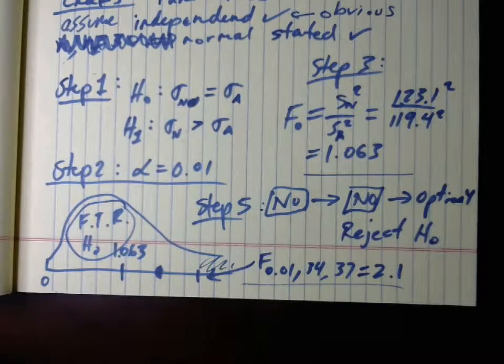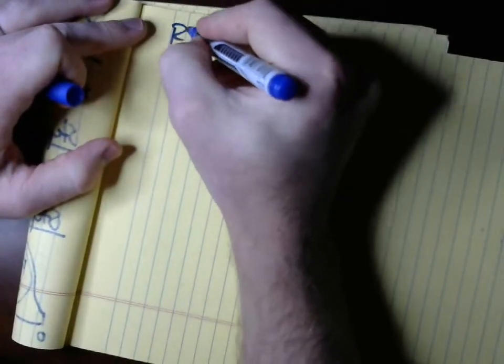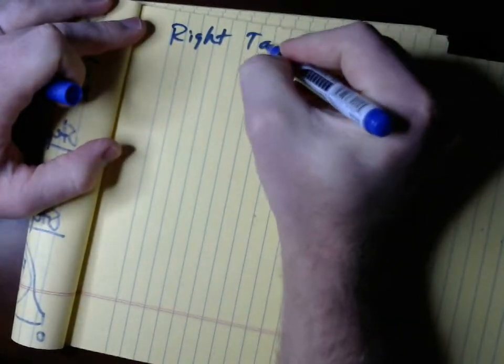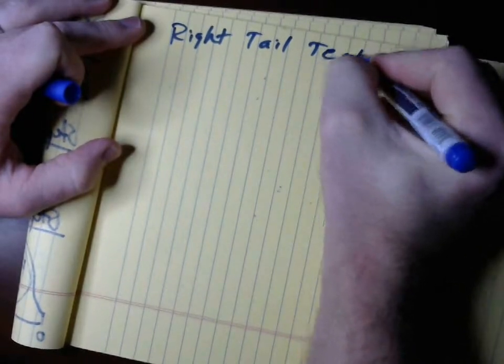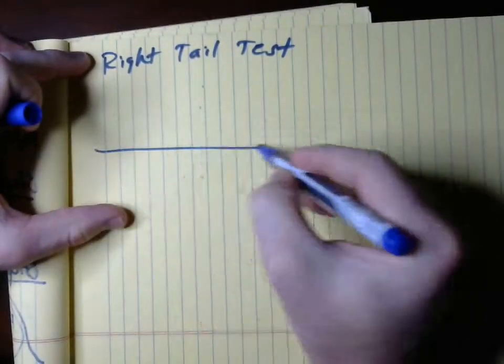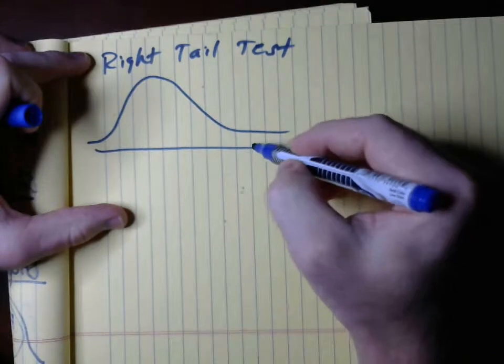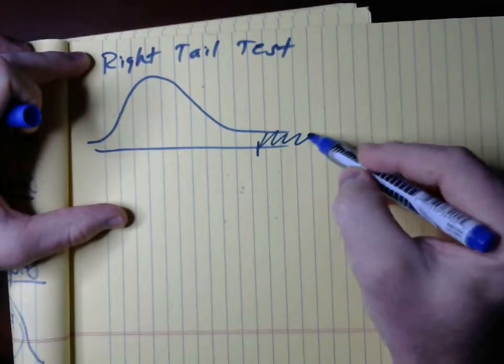So just to let you know, I'll just talk through this. So we just did a right tail test. A right tail test involves looking at this tail over here.